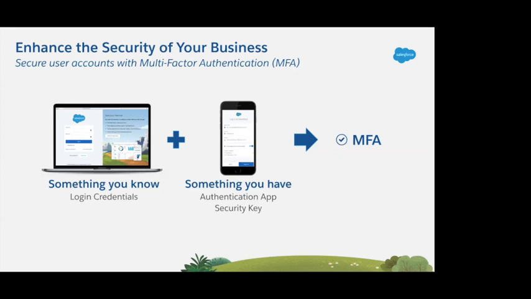So like a code from an authentication app on a mobile device, or maybe a tangible YubiKey where they're factoring in with their thumbprint. What you need to know is that for MFA purposes inside of Salesforce, Salesforce supports only strong verification methods, and we'll get into what that means.